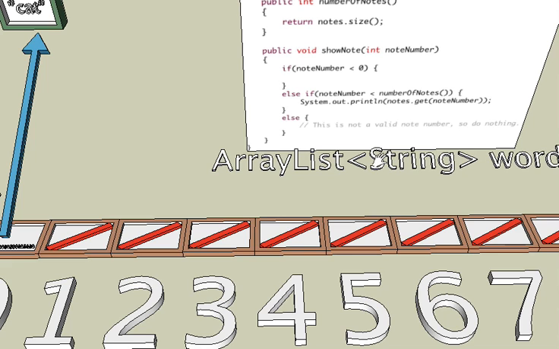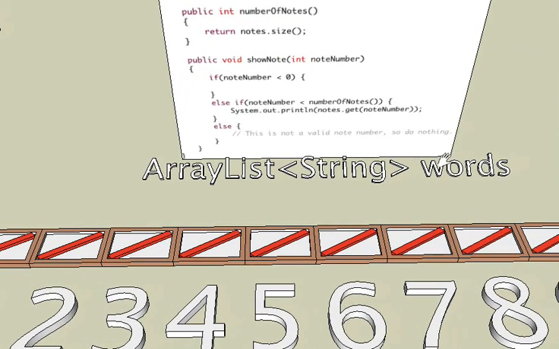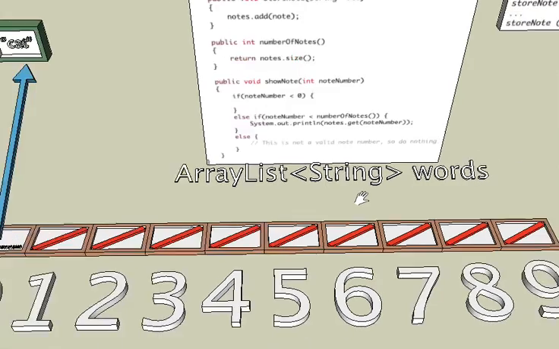We might have an array list of digit objects, going back to the Chapter 3 exercise, or we might have an array list of any type of Java object. But whatever that type is would be placed inside of the angle brackets. Then the name for this particular array list is supplied by the user. In this case, we're calling it words. So this is an array list of string objects called words.